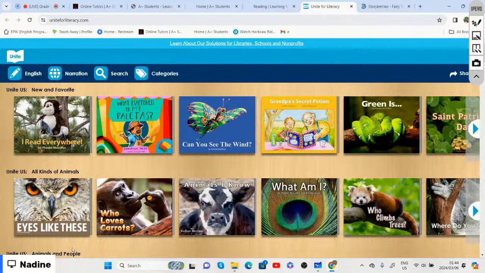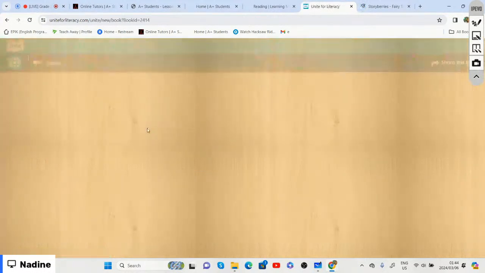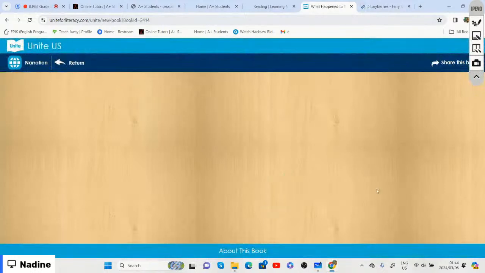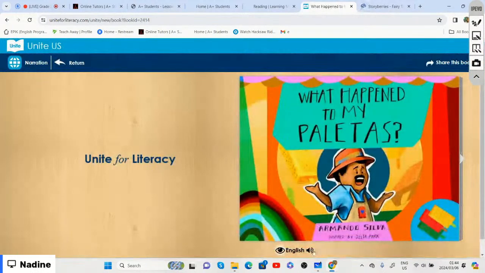All right, so we are now going to read. Remember, you're going to listen to the pronunciation of certain words, right? Because that is how we need to improve with our reading and our language. So we're going to read What Happened to My Paletas?